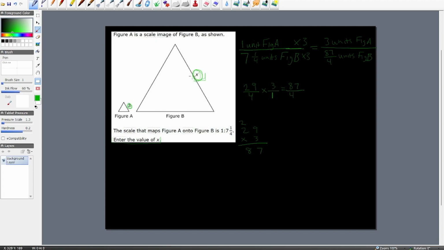Because these sides correspond, we were asked to find this x here. 3 units of figure A will correspond to 87 over 4 units of figure B.